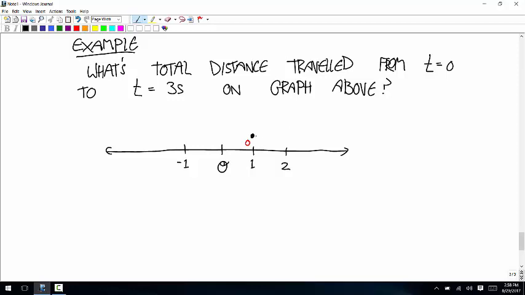Then the object gets to position 2 at time equals 1 second. The object then travels to position -1 at time equals 2 seconds. And then finally the object ends up at position 0 at 3 seconds.